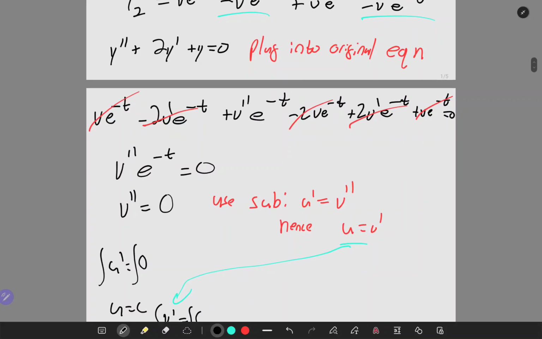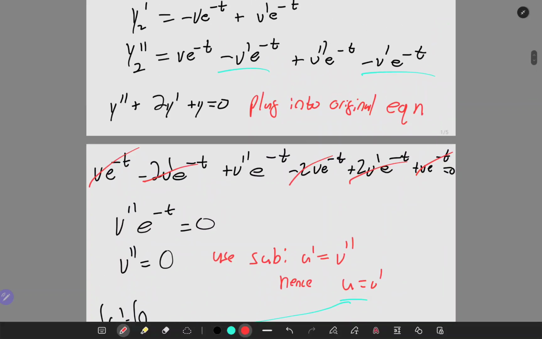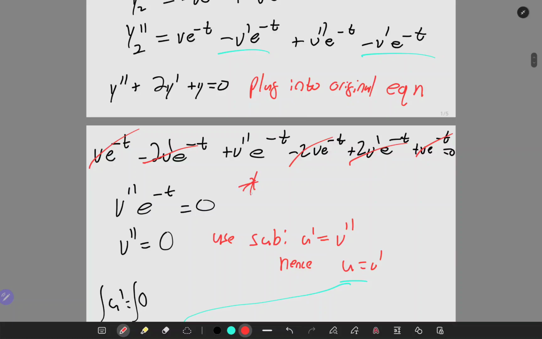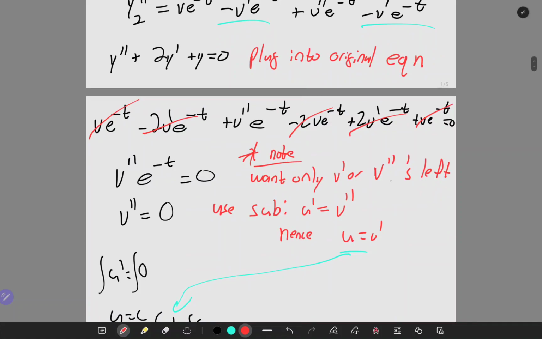Oh, also, another note. We want only v prime or v double prime left. No v's.